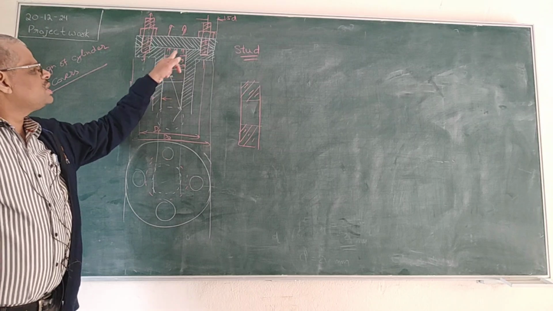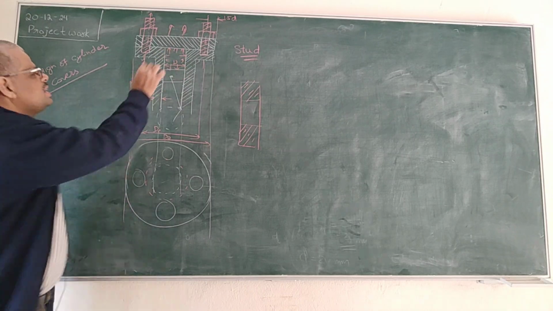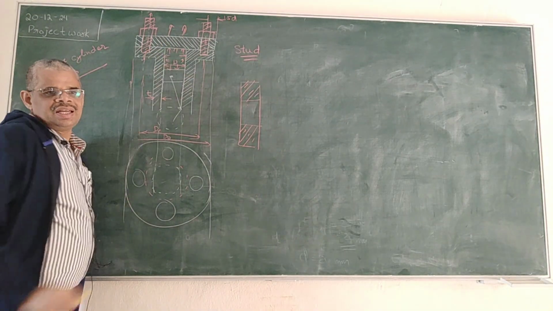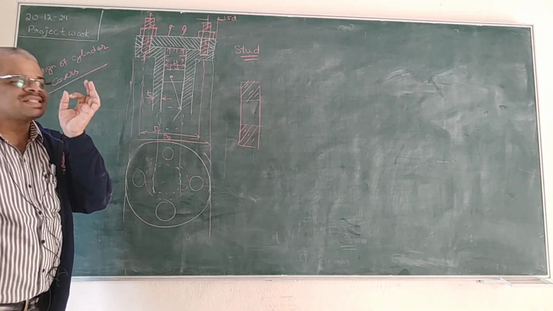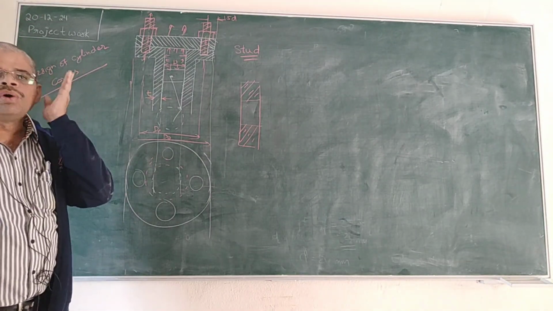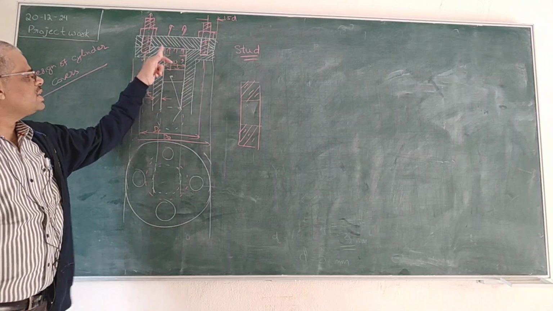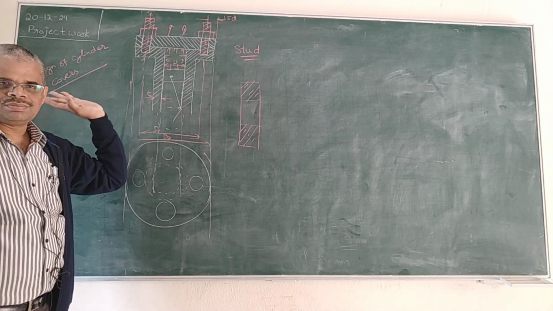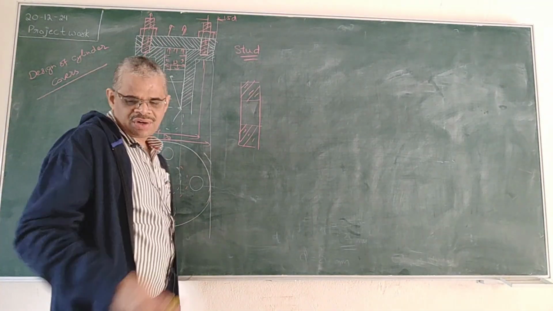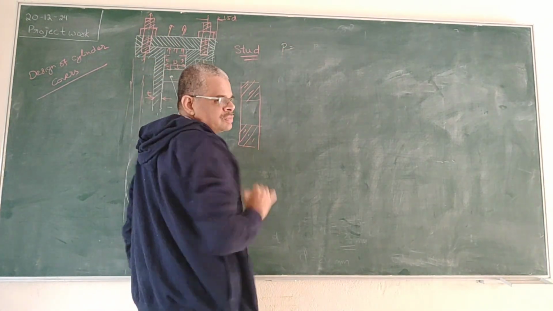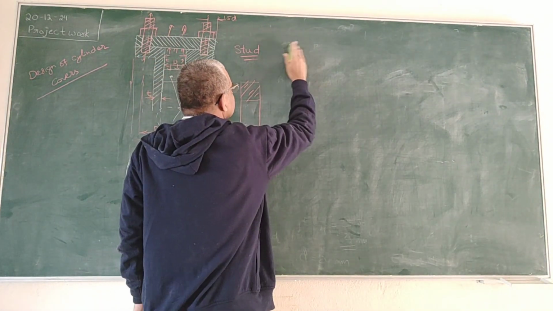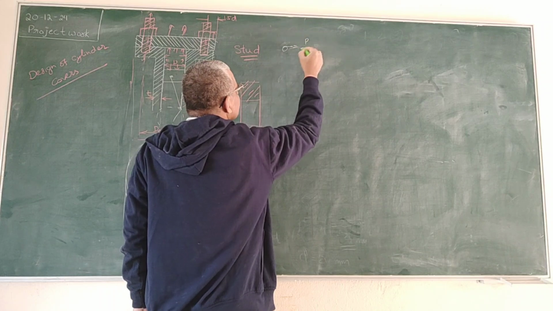Whatever force is developed inside this is distributed to all the bolts. So, first of all, let us calculate what is the load, what is the force acting on the 4 bolts. We know that the general formula is stress is equal to load by area.